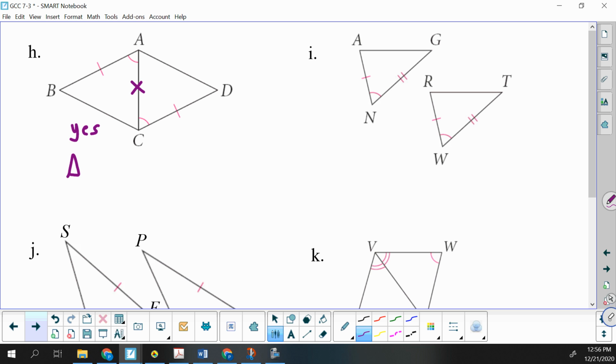We'll name our first triangle anything we want. Maybe we'll call it ABC. Well, now we got to get it to match up. So ABC is this triangle. A had the single mark. That's got to match with the single mark in the other triangle, so that's C. So important to note here, even though A is in both triangles, the A in the first triangle doesn't match the A in the other triangle.